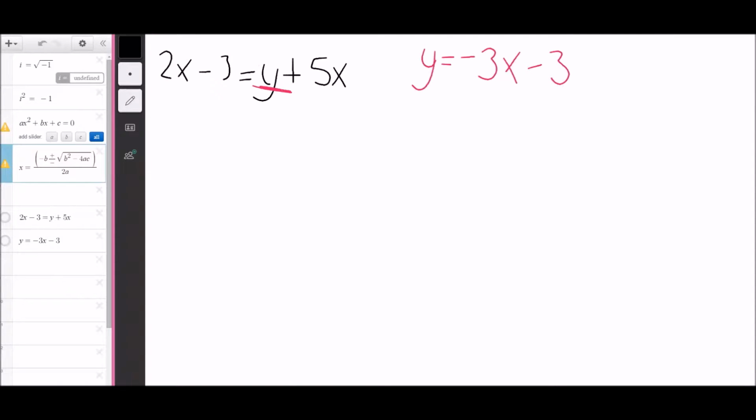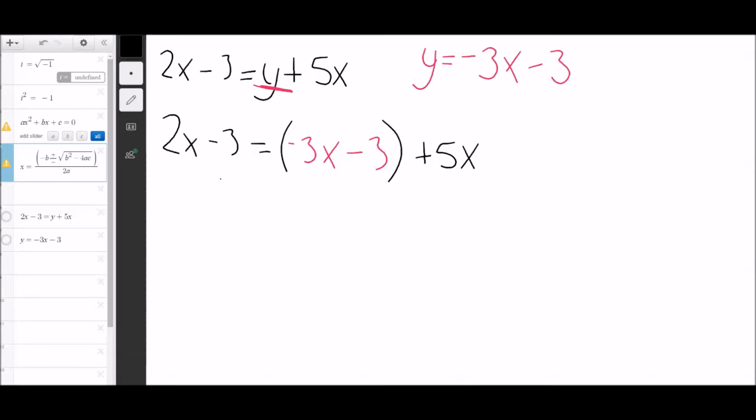So here, it's going to be 2x minus 3 equals -3x minus 3 plus 5x.